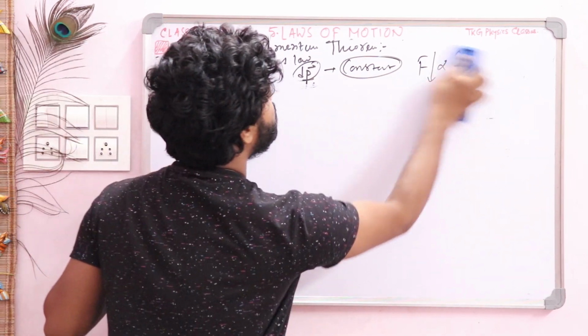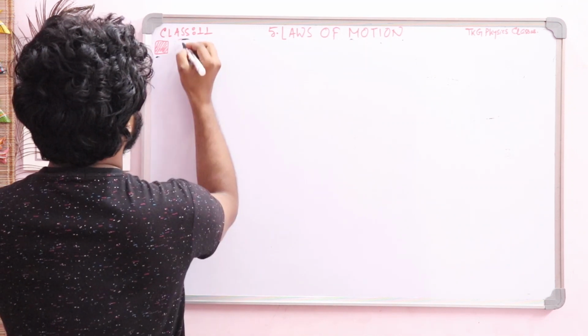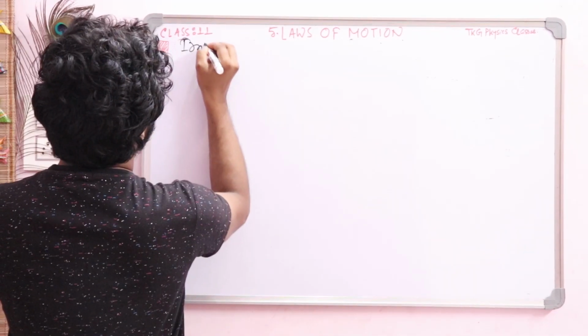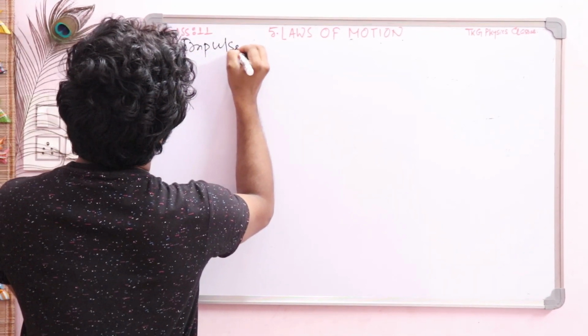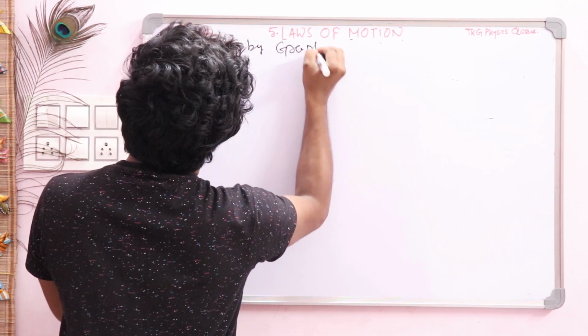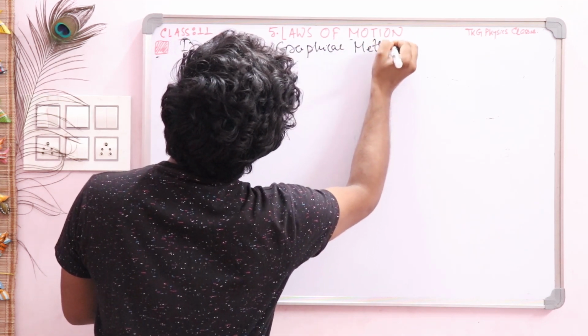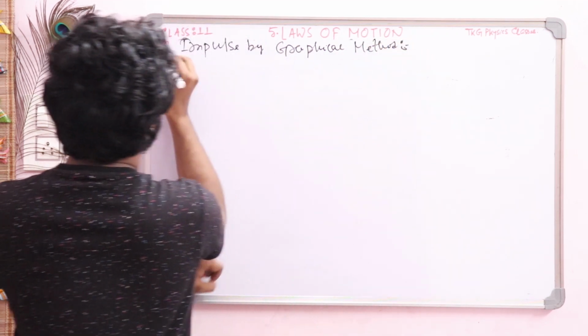Write it down, students. Our first point, impulse by graphical method. And our first condition, when a constant force is applied on a body.